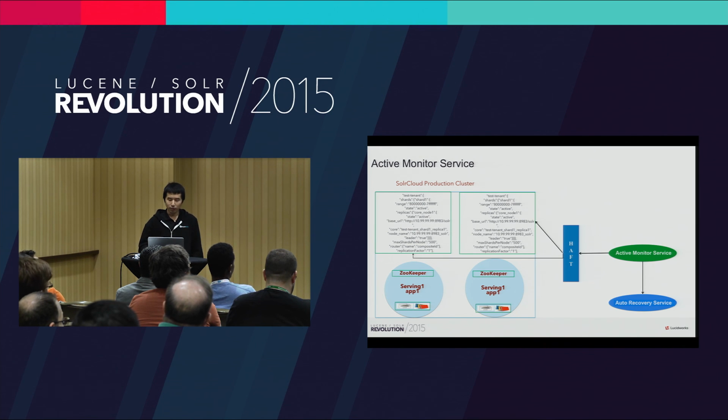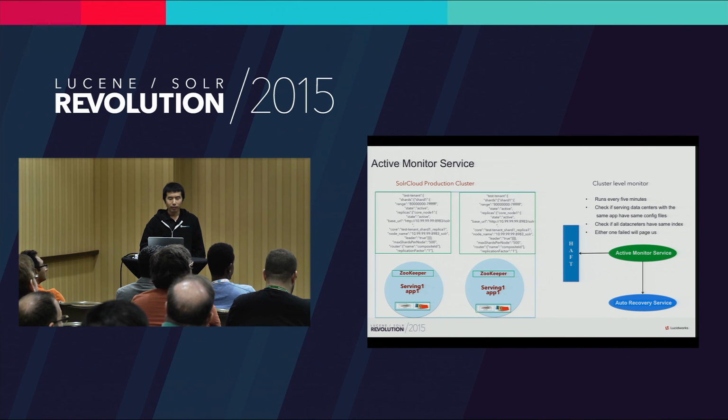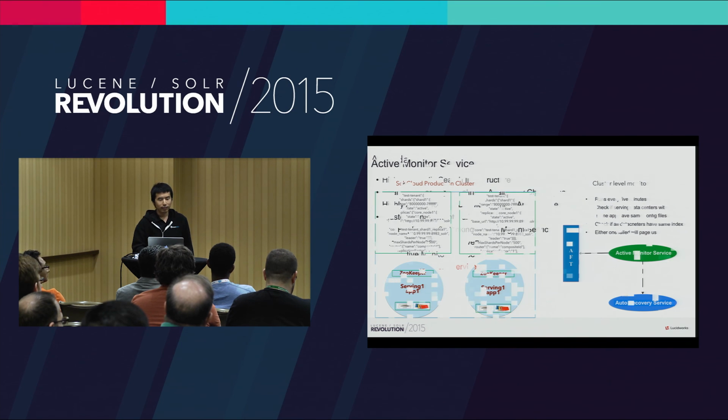And then from the cluster state, it goes to every host to check if on that host the config files are the same or not, the index is the same or not. If it's not, right now we just raise a pager. It runs every 5 minutes and checks the data across clusters.